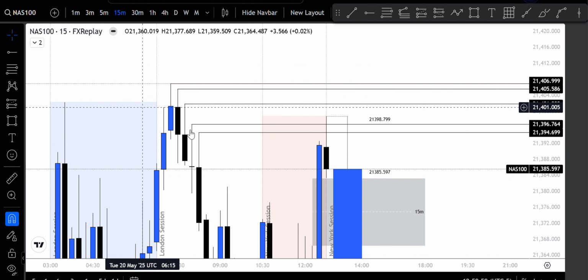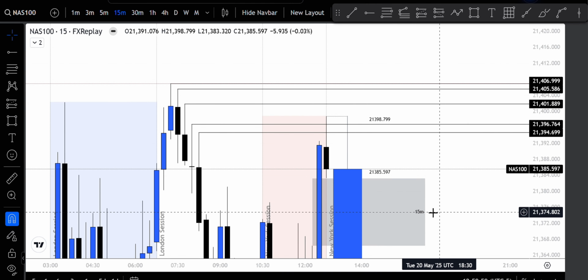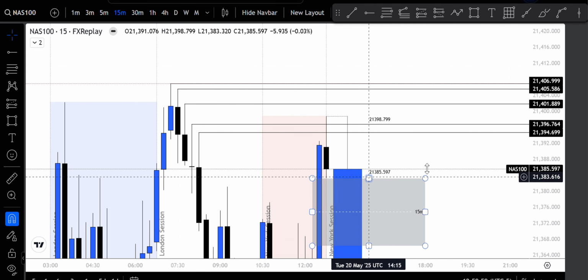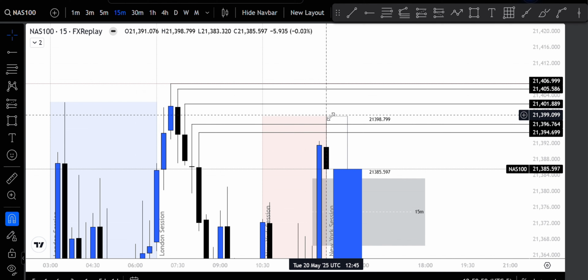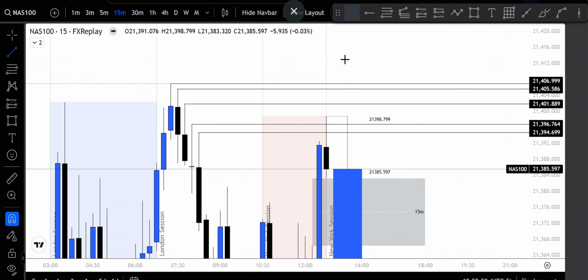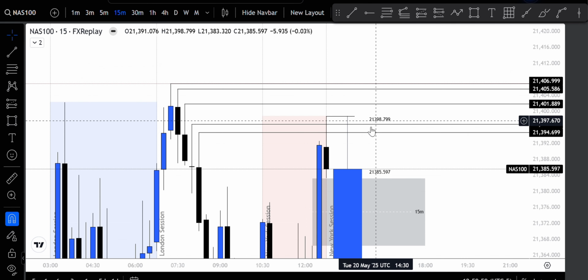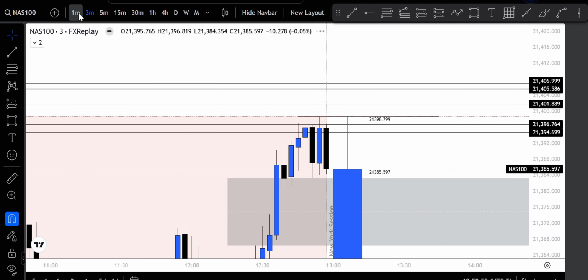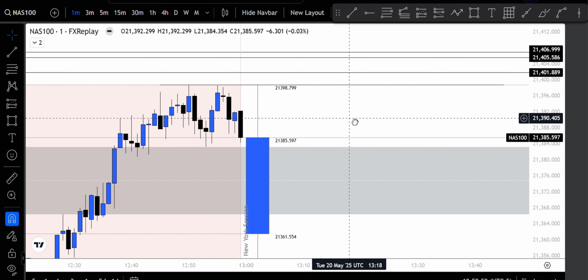There's a lot of liquidity above here. That's why I'm not as confident right now about this 15-minute, just because of how many points of liquidity are in here, and especially if price manipulates towards this high of the same candle. So if price does something like this, touches the upside and then inverses, I will be more confident taking that trade than the one of the fair value gap. Now let's see what happens.